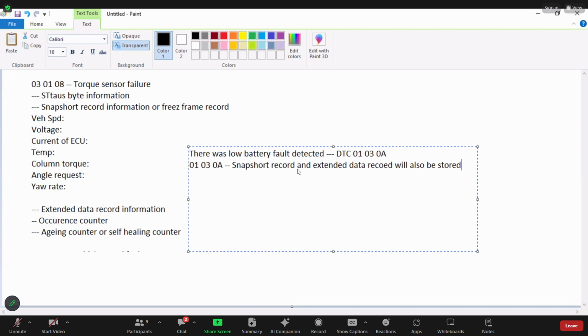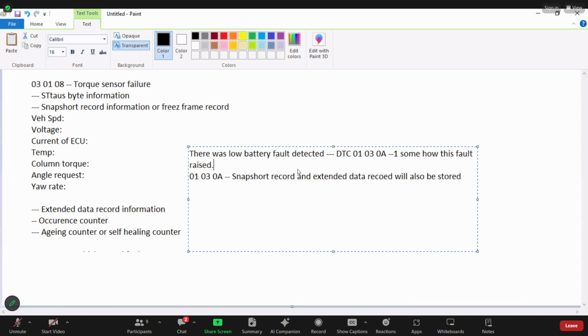Along with this DTC, snapshot data record as well as extended data record will be stored in the memory. Now let's assume this fault happened only one time. One time somehow this fault was raised. Now this fault is not raising for 2 months.